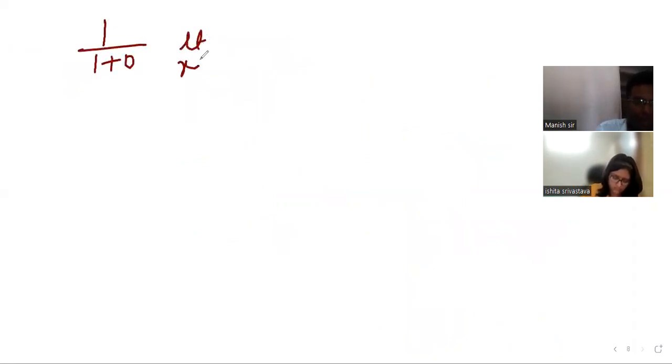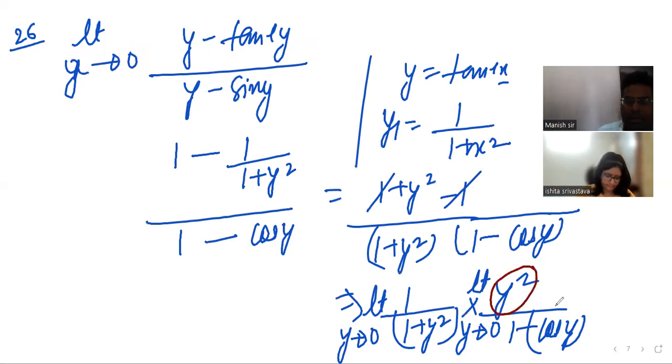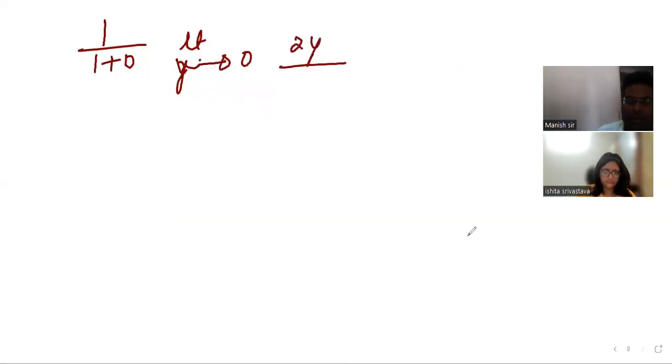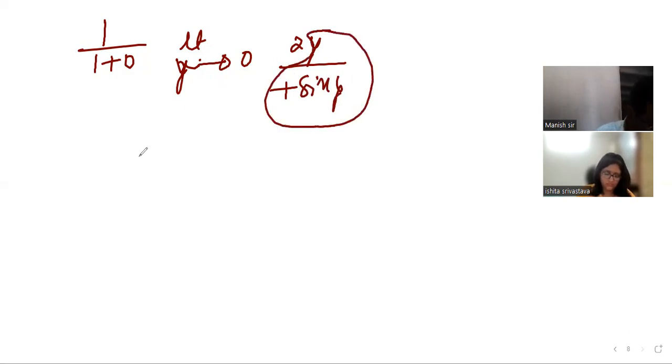And the limit y tends to 0 of it will be nothing but 2y. Right, y square differentiation is 2y, and 1 is 0, and cos is minus sine, so it will become plus sine of y. So this will become 1 now. So your answer will be 2 by 1, which is nothing but 2.